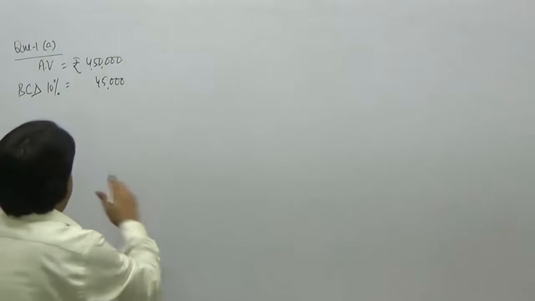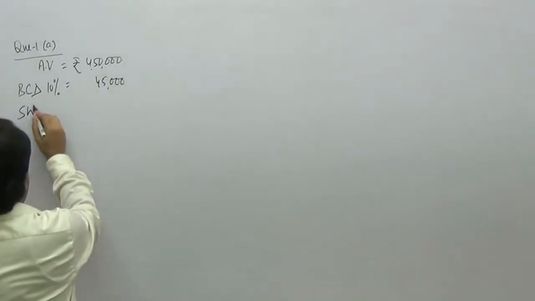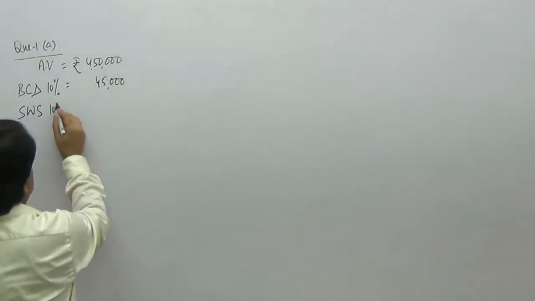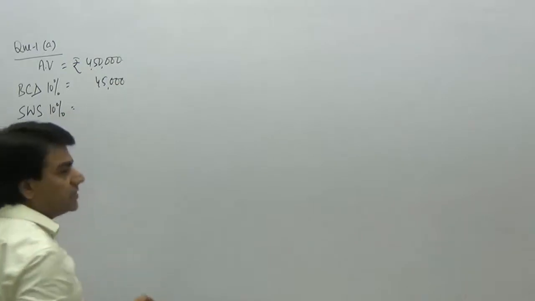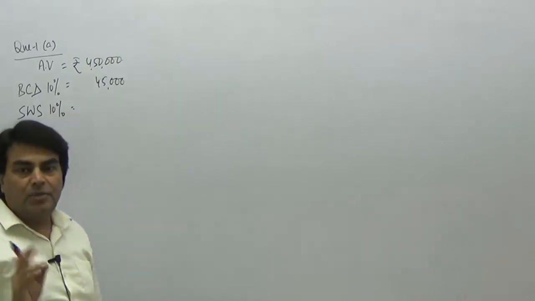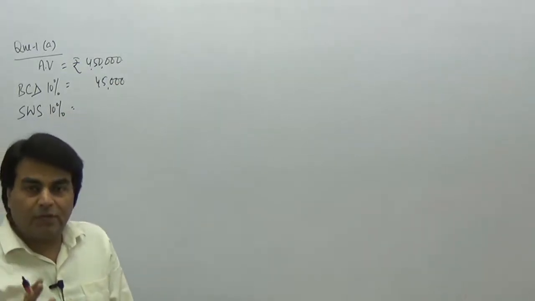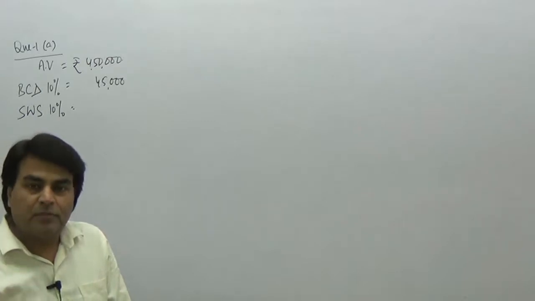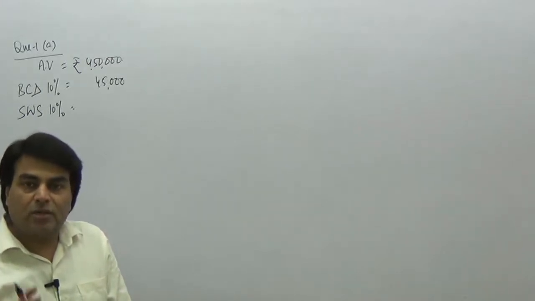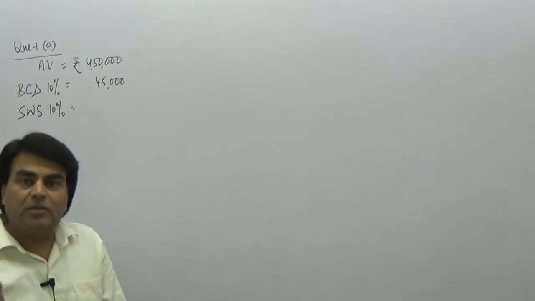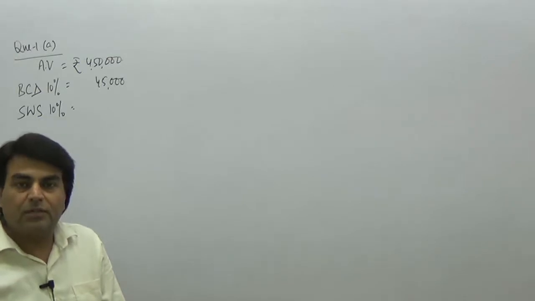Now it is the turn of SWS. For SWS, the rate is given as 10%. Please note that even if the rate is not given for SWS, SWS has a fixed rate. It is 10% always. Yes, in the exceptional case where you are dealing in gold or silver, in that situation the SWS rate is 3%.